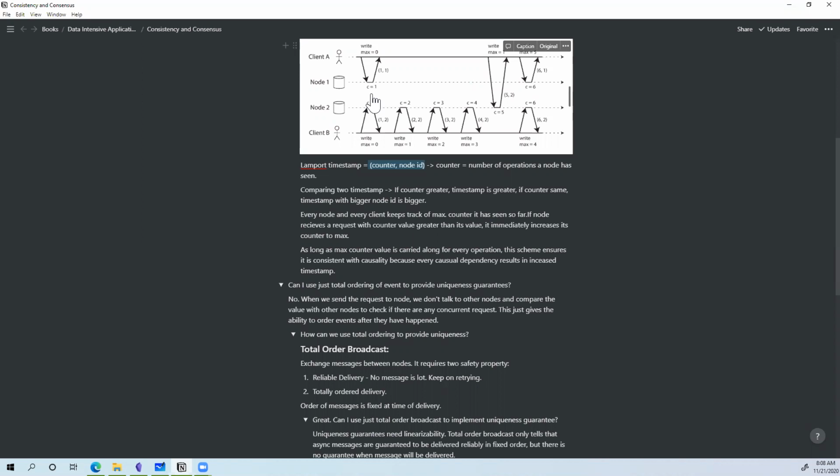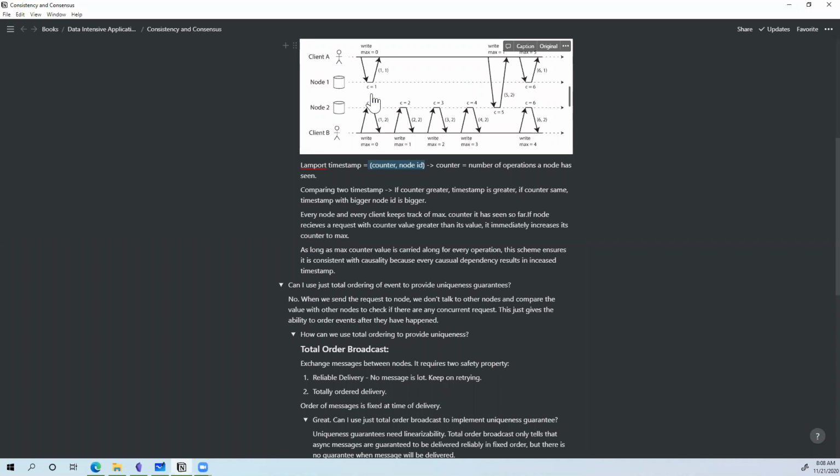With total order broadcast, this log will be delivered to all the nodes. In the meanwhile, some other nodes could have concurrently got a request to reserve the same username. But with total order broadcast there will be just one order of the events, and all the nodes will agree on that one order.